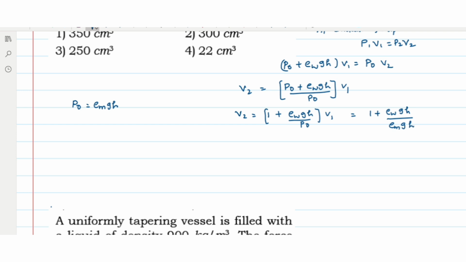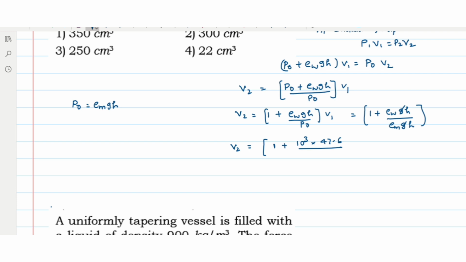So here you have to put these values. First you cancel g and g. V2 will be equivalent to 1 plus this value: density of the water is 10 power 3, the depth was given as 47.6 centimeter, by the density of the mercury.